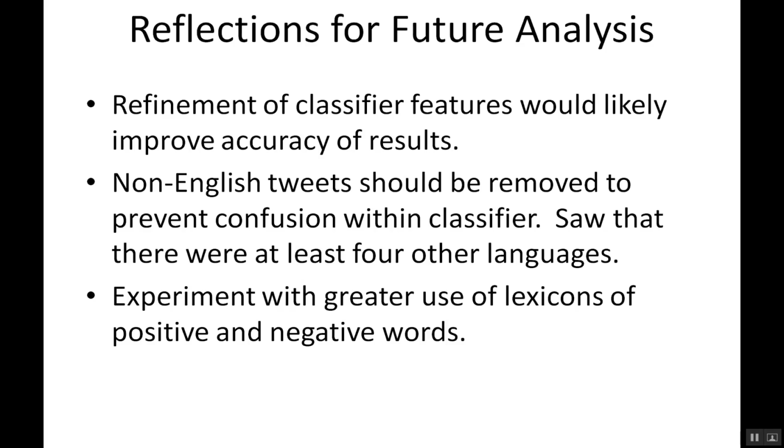I removed them from the training data, but I couldn't figure out a convenient or fast way to do it with the actual pool of tweets. And using more lexicons. I did use some lexicons to train as well as the training tweets, but experimenting with more positive and negative lexicons would be good.